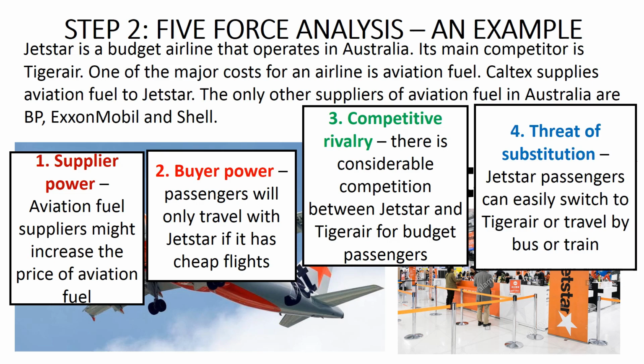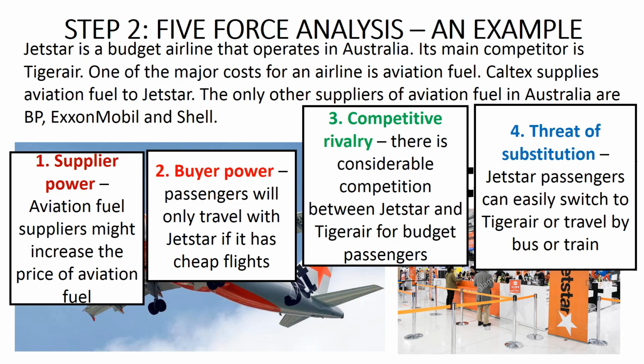The fourth force is the threat of substitution. It's very easy for Jetstar passengers to switch from travelling Jetstar to Tiger Air. All they have to do is buy a ticket with Tiger Air.